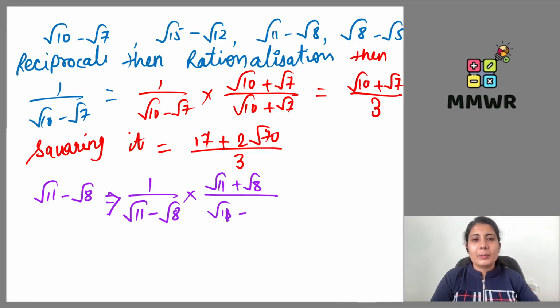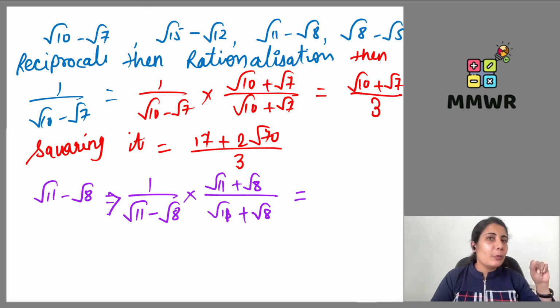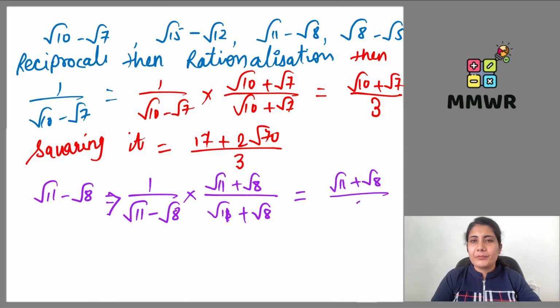Root 11 plus root 8. So when I simplify this, we are getting the value. We are not getting the value for root 11 minus root 8; we are finding the value for 1 upon root 11 minus root 8. So 1 upon root 11 minus root 8 gives me root 11 plus root 8 upon 3.